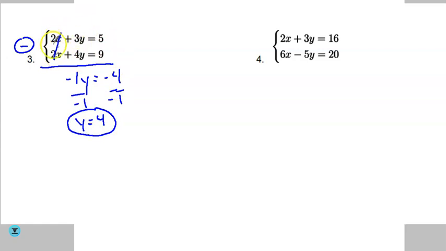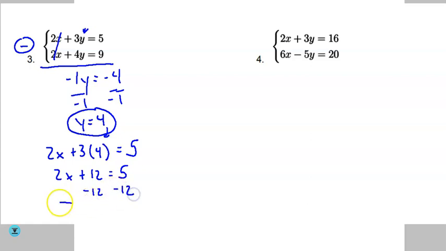Pick the equation you want to use. So I'm going to use the top one. You're going to substitute in the y with 4. So 2x plus 3y equals 5. y is 4. So 2x plus 12 equals 5.